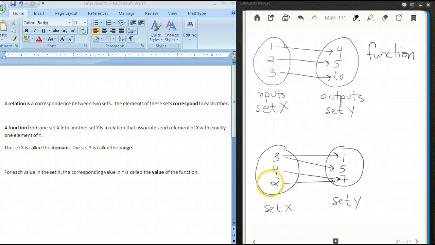Remember, it's just a correspondence between the things that are in x, these numbers over here, and the things that are in y, these numbers over here. So this is a relation, but let's see if it's a function. A function says that each element of x, each input here, can only go to one output. So again, what's important here is that each input goes to only one output.